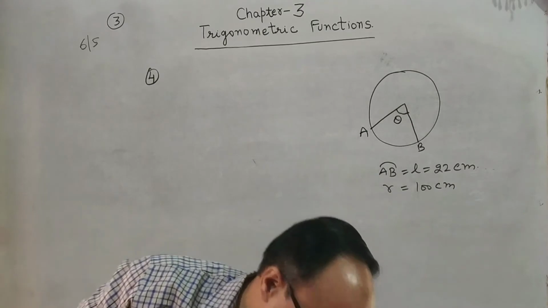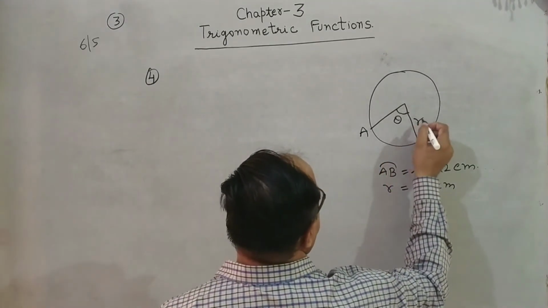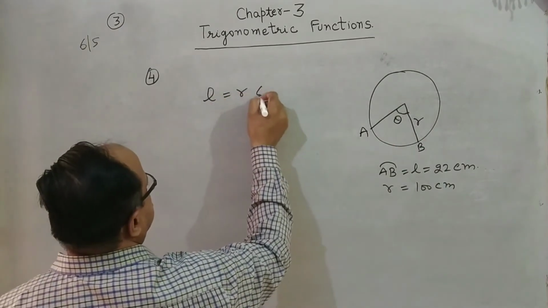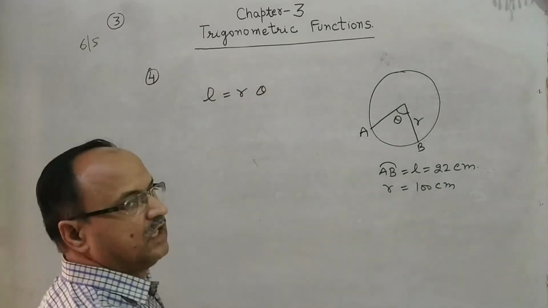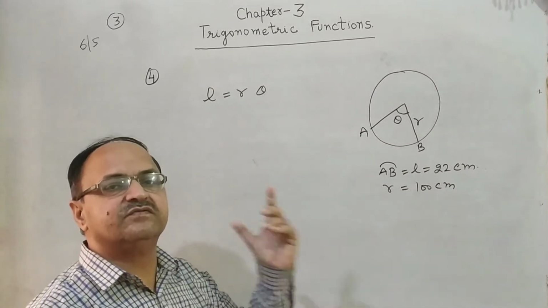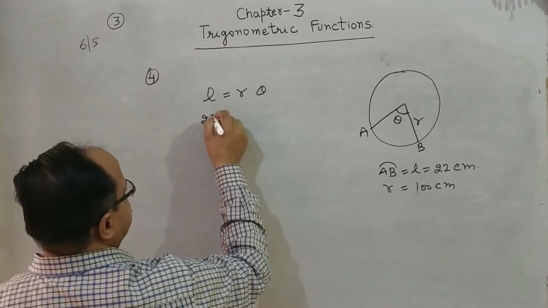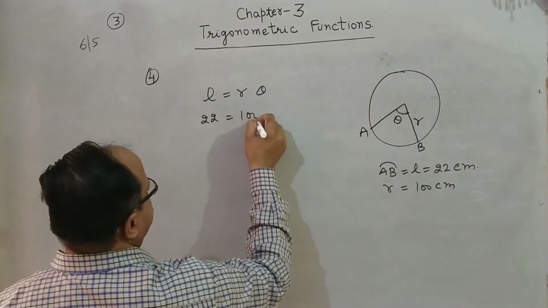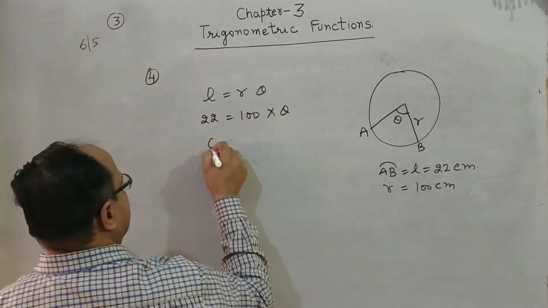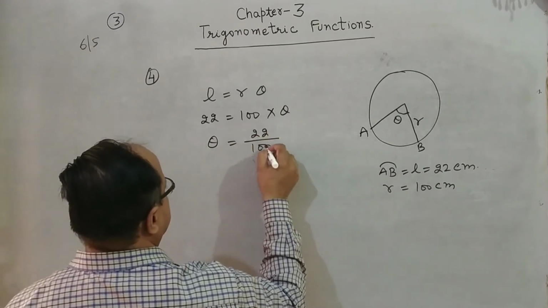Now find the degree measure of the angle. You know this is L, this is R, and the formula is L equals R theta. You want to calculate theta, and in this formula theta is in radians. Put the value of L, 22, and R, 100. So theta is 22 by 100.